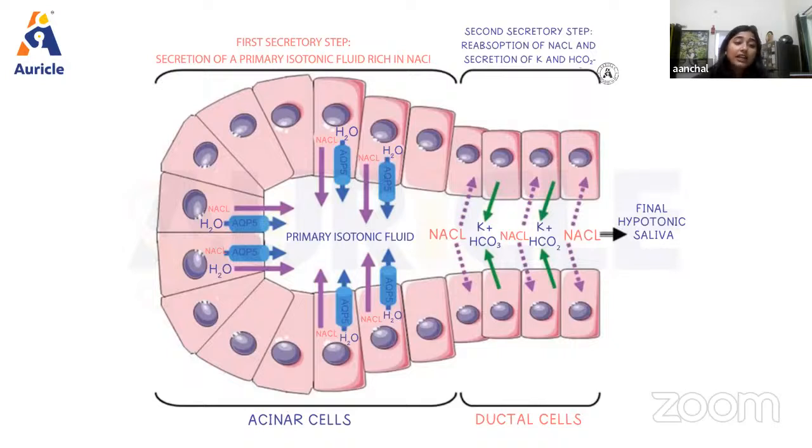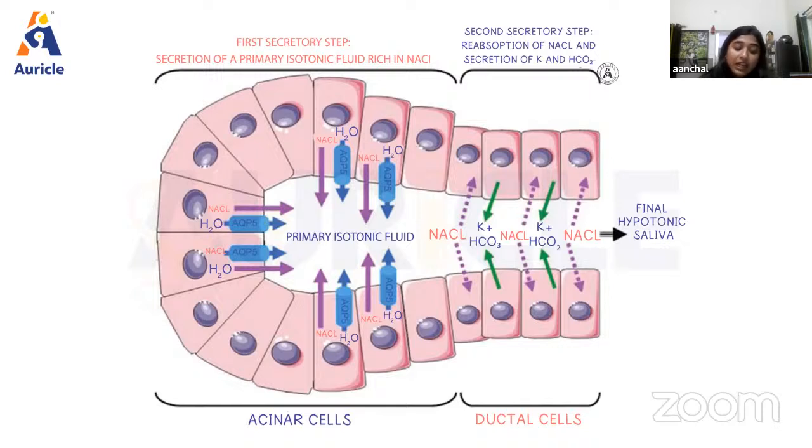As the salivary flow increases, there will be less time for ion exchange. Whenever we look at the duct cells, ion exchange is going on: the sodium and chloride are absorbed, and potassium and bicarbonate are secreted. But when the flow of saliva is very fast, there will be less time for ion exchange in the duct cells.